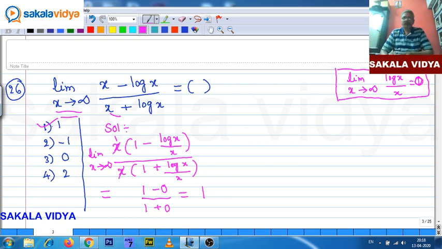Then this problem we can solve very easily. And one more thing you remember, limit x approaches infinity, even 1 by x is also 0, even 1 by x square, 1 by x cube, 1 by x power 4 are also 0.